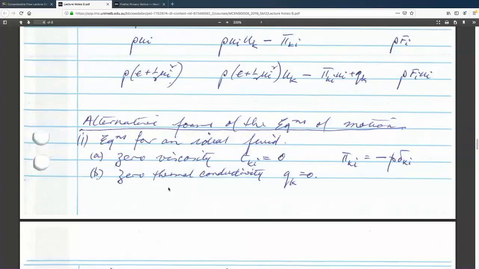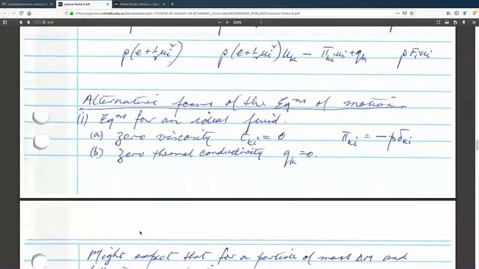It has zero thermal conductivity by definition, this ideal fluid. q_k is therefore, there's no heat transferred between elements of the fluid. q_k, the thermal conductivity, is identically 0. Now that's frequently a good approximation. Not always, but frequently.